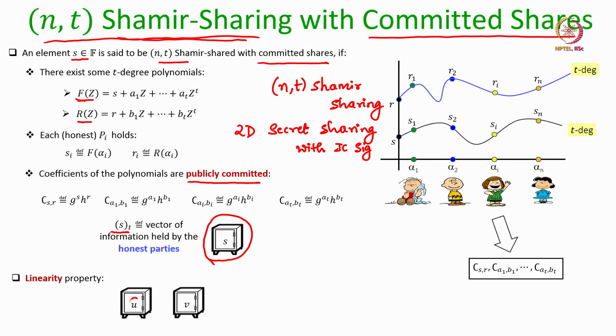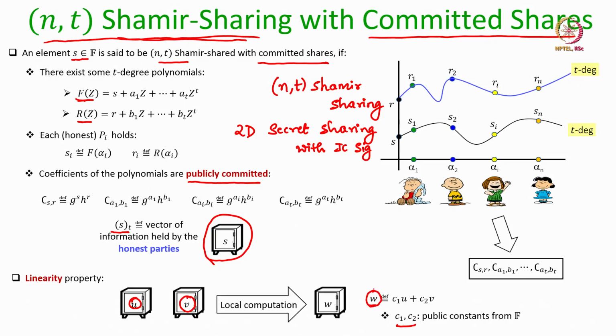Imagine you have values u and v which are already secret shared with committed shares, and suppose w is a value which is c1 times u plus c2 times v, where c1 and c2 are some publicly known constants from the field, and you would like now to compute a secret sharing for w with committed shares.